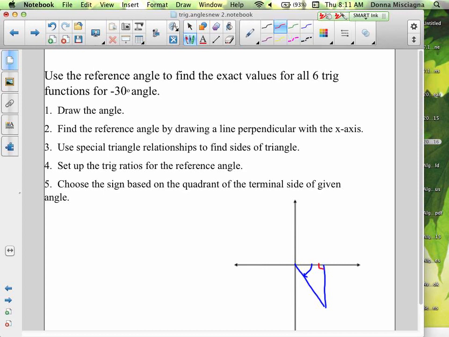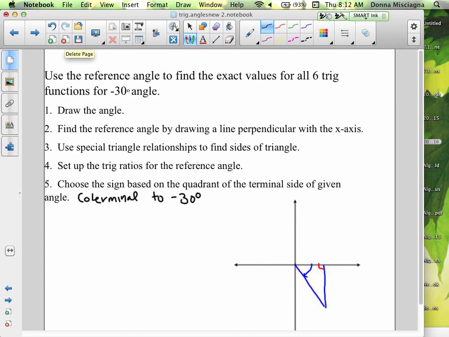Let's find our coterminal angle. That would be positive, and then we'll find our reference angle. So coterminal to -30. So what do I do to find the angle that's coterminal to the -30 degree angle?